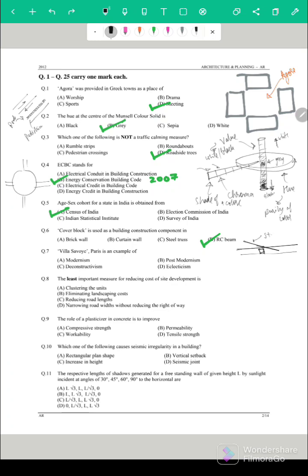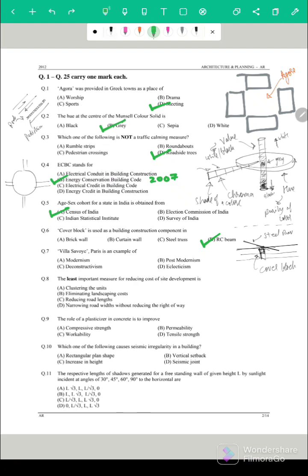This is steel bars, and suppose this is the beam. So here is the cover block which is holding these steel bars.